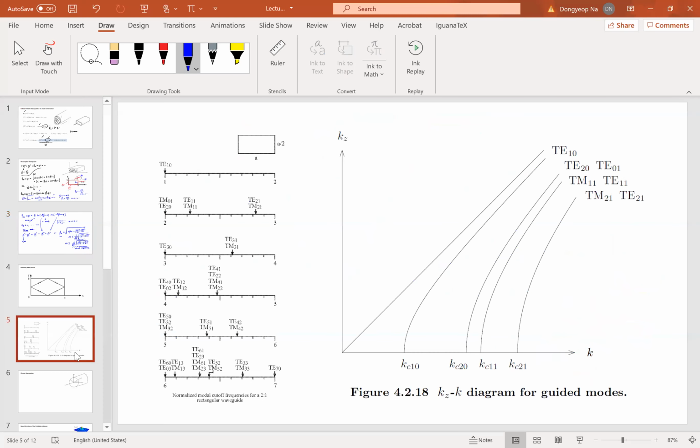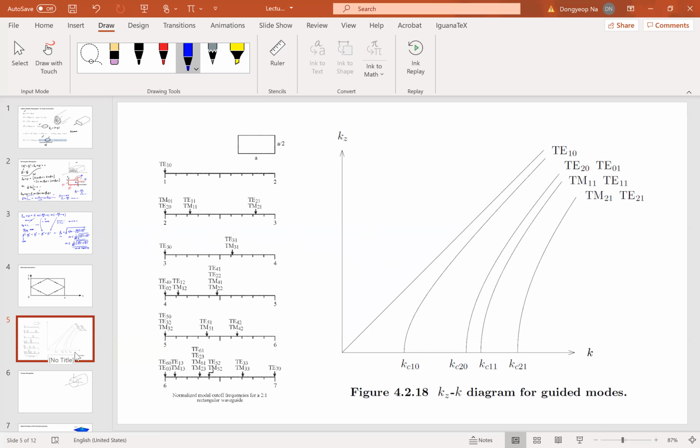Yeah, better to discuss this figure. I'm not sure this physical property of the TE mode can be used for filtering applications, but I think, for example, as the m and n indexes increase, the cutoff frequency also increases.